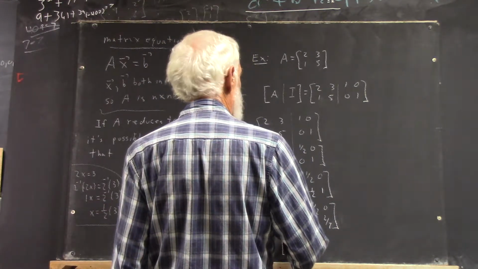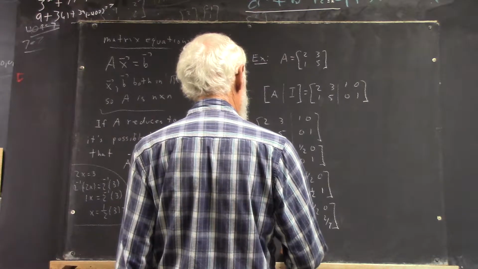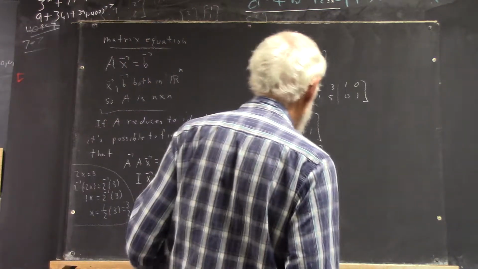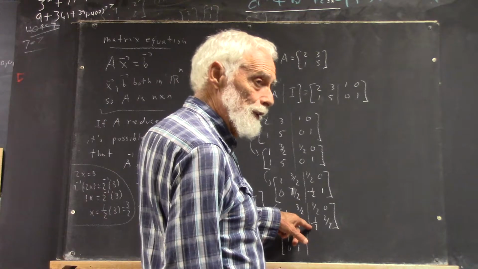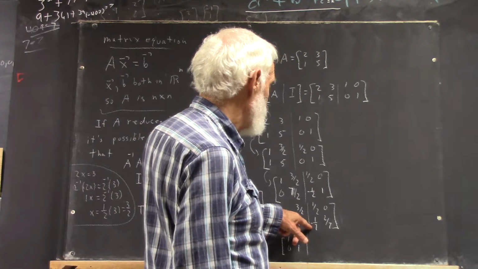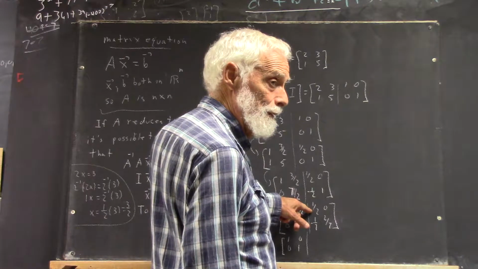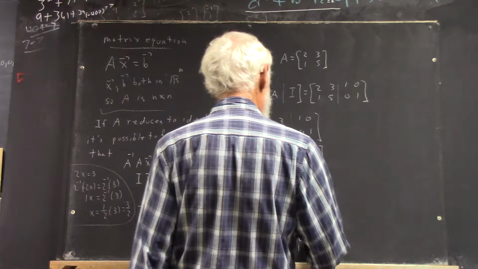Then add negative 3/2 of this row to this row. It gives you the identity here, if I managed to do the last step correctly. Well, negative 3/2 of negative 1/7 is negative 3/14, right? And add that to 1/2, which is 7/14, you get 4/14.